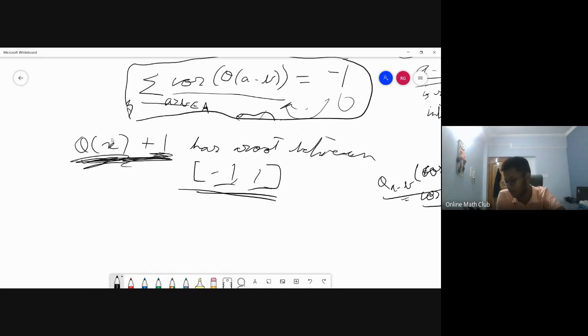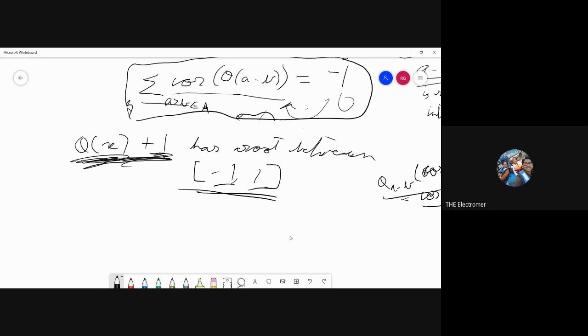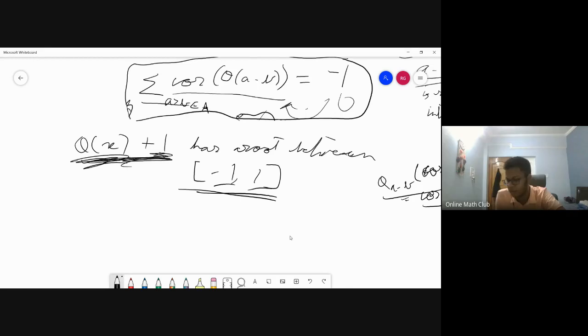I'm just trying to expand this polynomial and look at its real roots. I want one of the real roots to lie between -1 and 1, so I can set my cos inverse of that as theta. The existence itself of a real root of a random polynomial is fine. It's manageable.